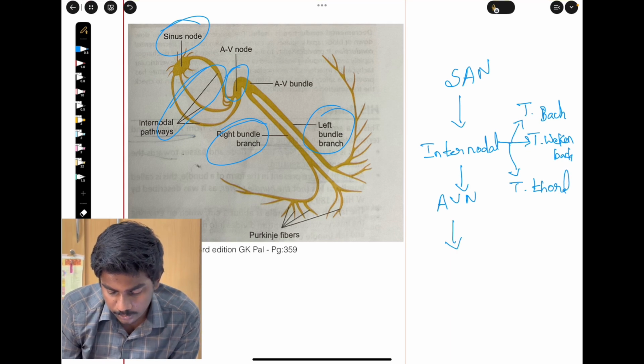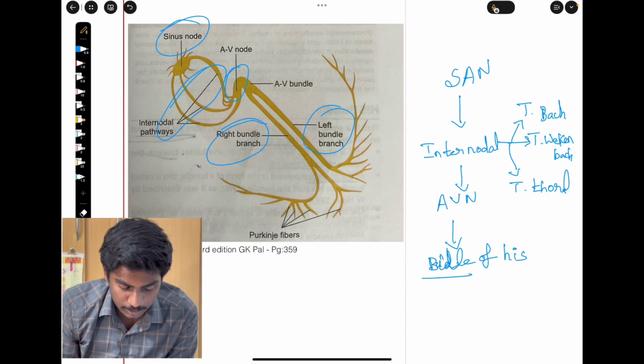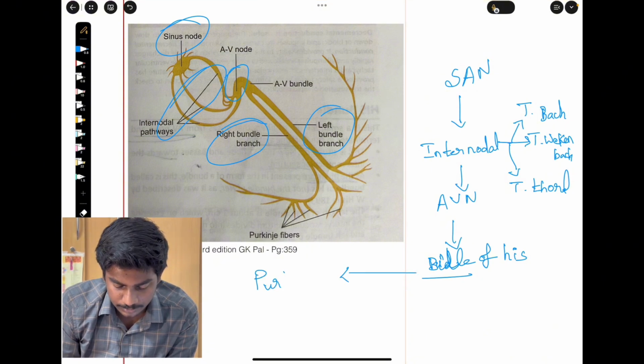And from the AV node, it reaches the bundle of His. From the bundle of His, it divides into right and left bundle branches, and it finally reaches the Purkinje fibers.